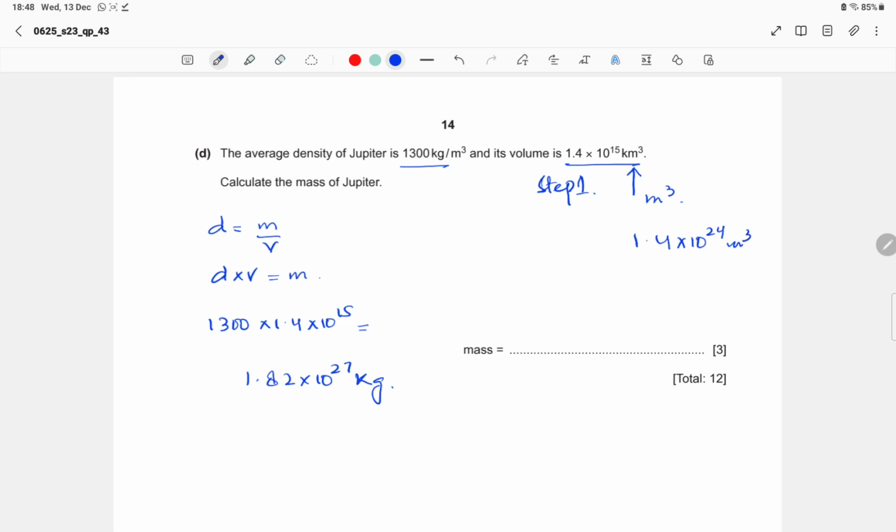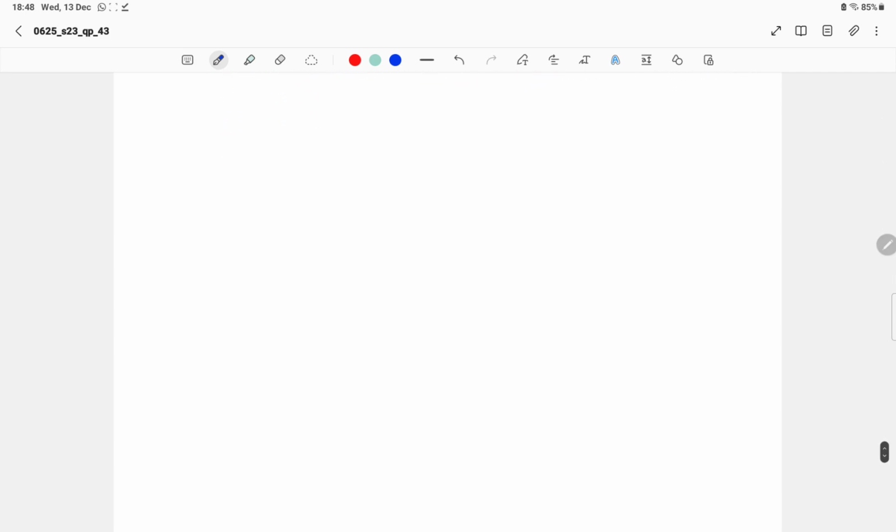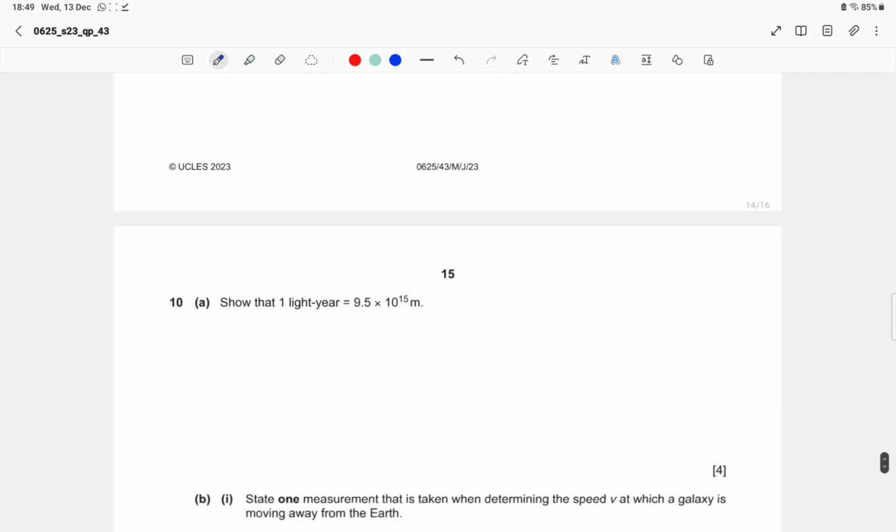And then you have to place this value. Let me fix it for you guys. 24 over here, and then you will get the right answer, which is going to be this one over here. So I think we are done with this paper. Oh, we have one more question.